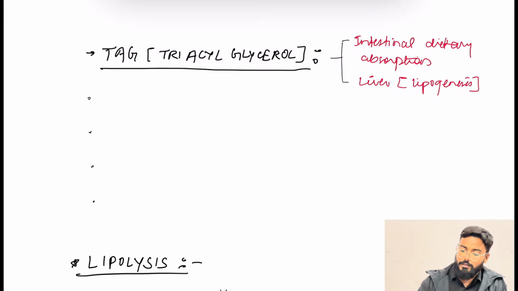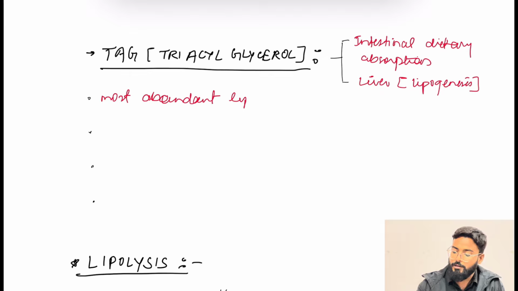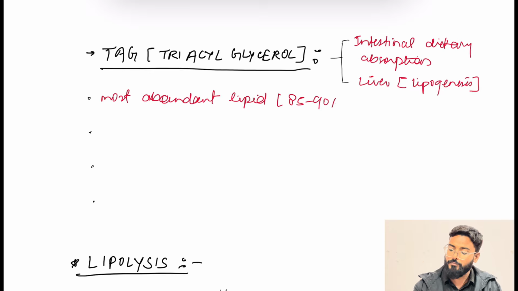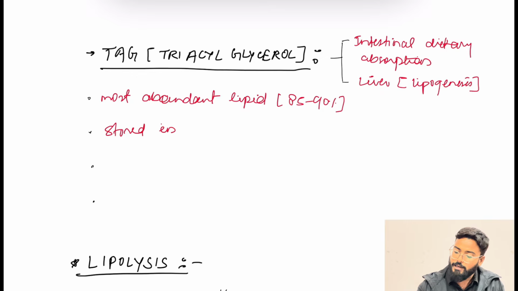So, some points about triacylglycerols. These are the most abundant lipid inside the human body, comprising around 85 to 90% of all the lipids. It is stored in adipose tissues, or you can say adipocytes.